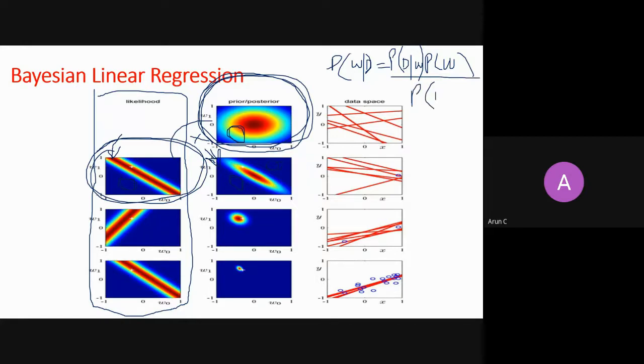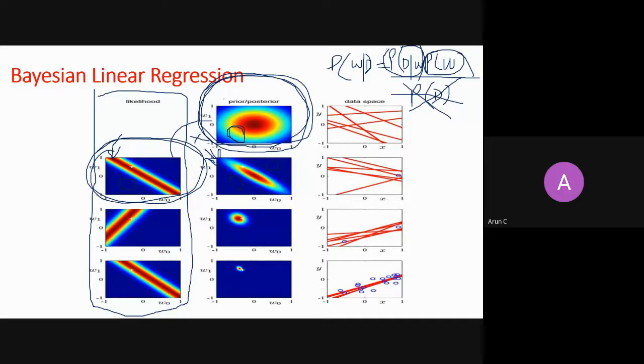If I ignore the probability of data right now, this is nothing but a normalizer, which just scales the height of the density. So I ignore it. Then in the numerator, the posterior will be nothing but the multiplication of likelihood and prior probabilities for every value of W.